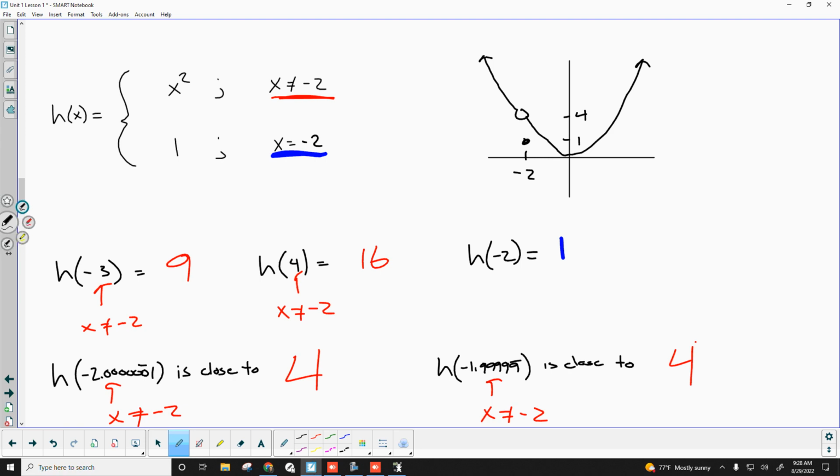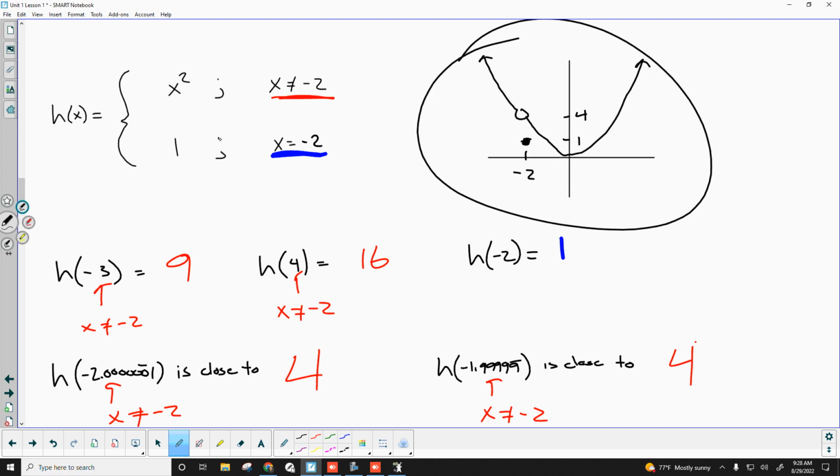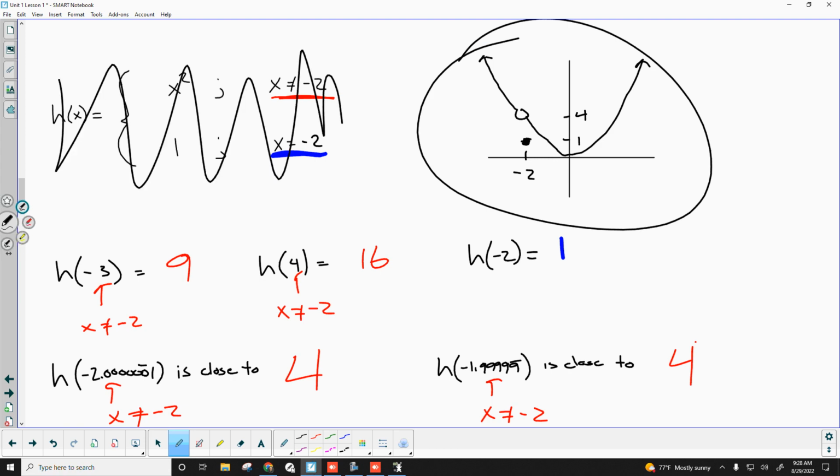If I plug in -2.001, this graph shows we're getting close to 4. If I plug in -1.999, this graph shows I'm getting close to 4. If I plug in -2, I get 1. That closed circle is showing you if you plug in -2, you get 1. Okay, that'll be important because soon I will just give you the graph and not give you this.